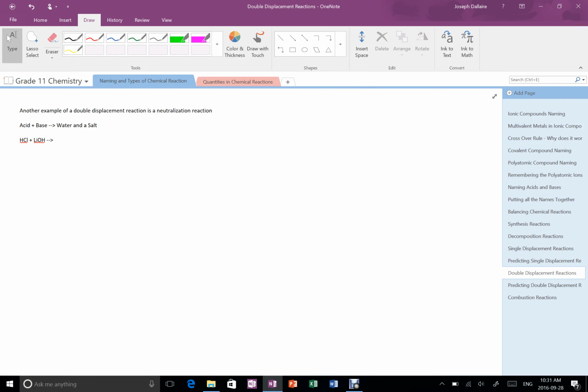One more example of a double displacement reaction is a special kind of double displacement reaction called a neutralization reaction. When we have an acid and a base and they react with each other, the hydrogen from the acid and the hydroxide from the base are available to form water. The other parts, the cation from the base and the anion from the acid, can then come together as a salt.